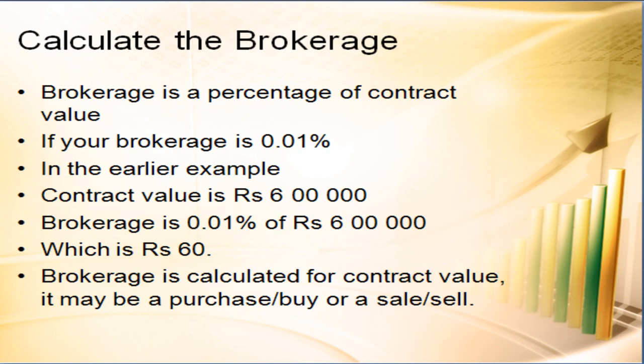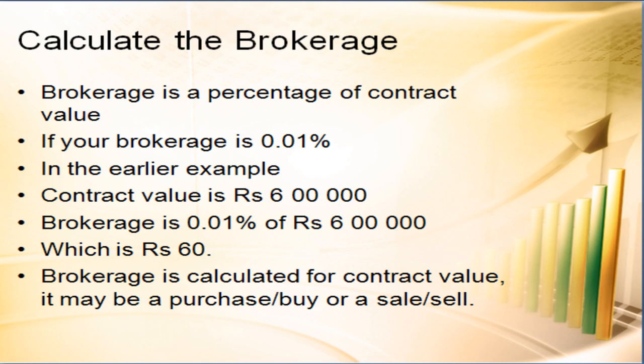Let us see how to calculate the brokerage for a particular transaction. Brokerage is a percentage of contract value. Brokerage varies from broker to broker. For example, let us assume we are charging 0.01% as the brokerage for the earlier example which we took for crude oil to calculate the contract value.